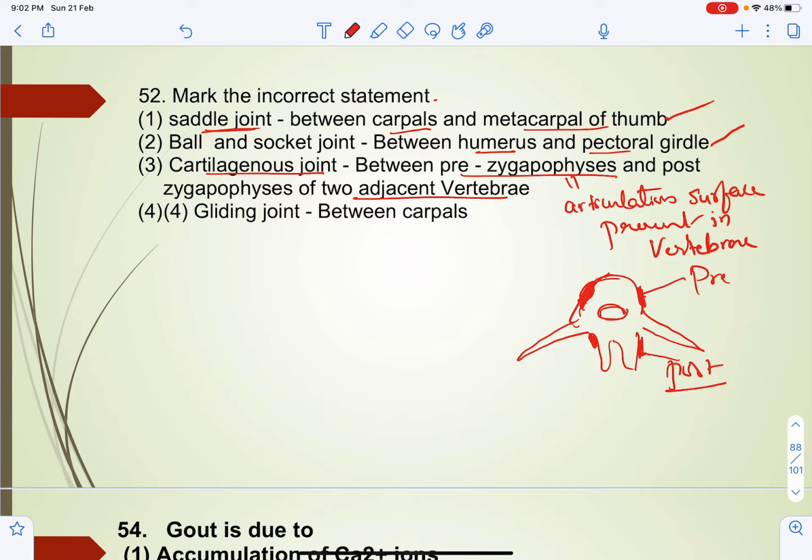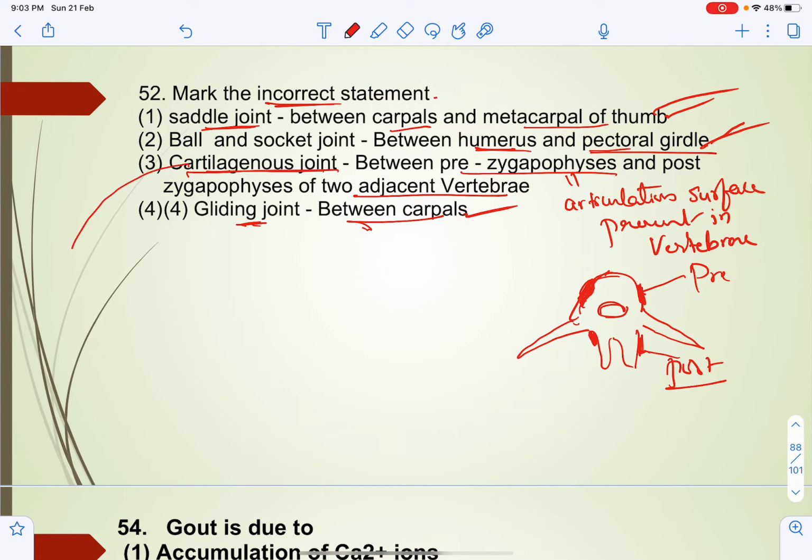The cartilaginous joint, we know, is present between the vertebrae, that is the intervertebral disc. So the articulation there, no movement will generally be there. So the incorrect statement: gliding joint between the carpals is correct, between humerus and pectoral girdle is also correct, and the cartilaginous joint is because of the intervertebral disc, not in the articulatory surface.